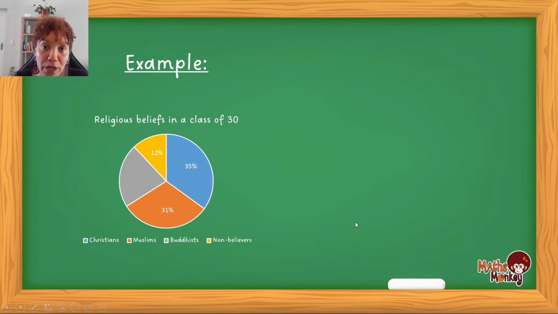Now let's look at different questions and try to identify which of the sections that we've looked at this calculation is actually part of. The first one says, what percentage of the class are Buddhists? If you remember, in the beginning I told you that the entire class represents 100%.